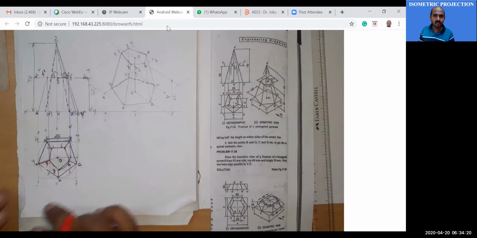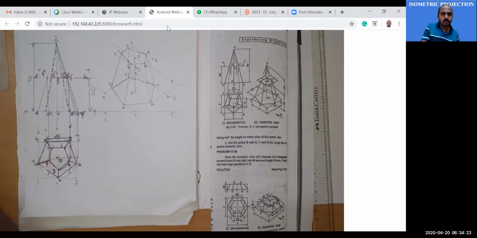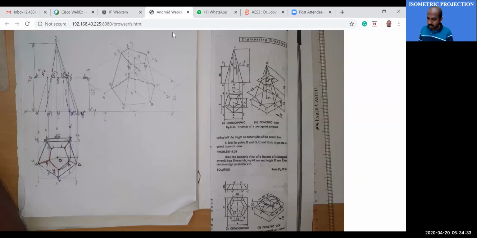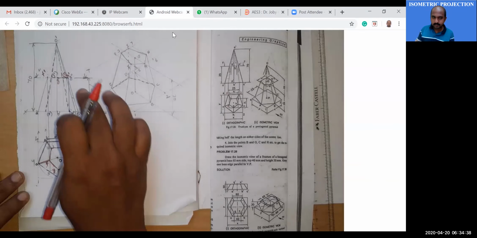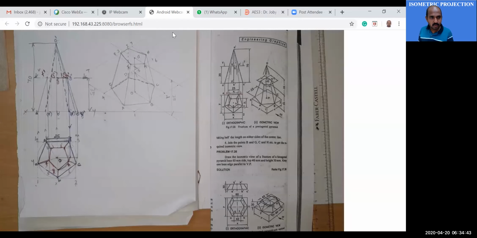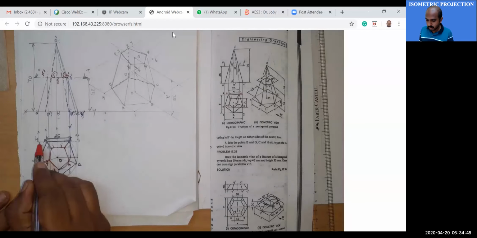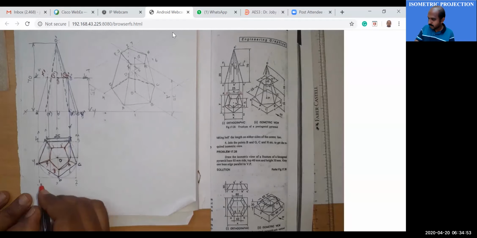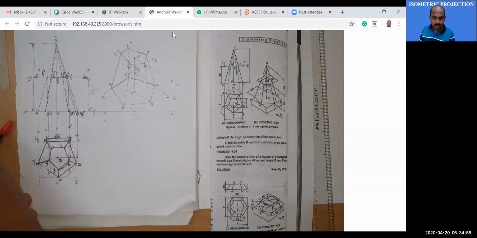Now to draw the isometric view, the procedure is: first you enclose this top view in a rectangle.